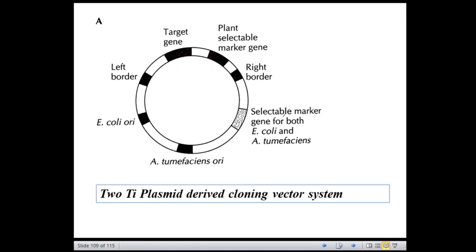So in this system, the defective Ti plasmid synthesizes the virulence gene products.